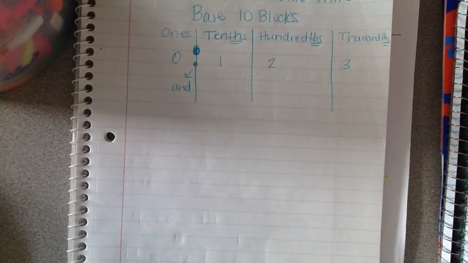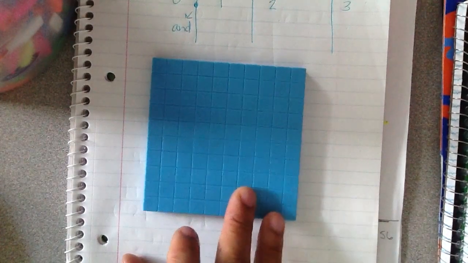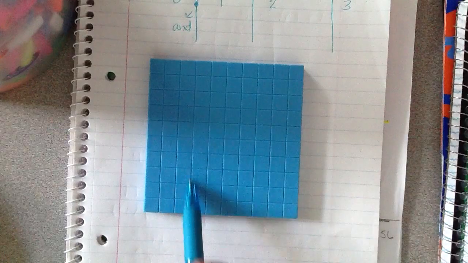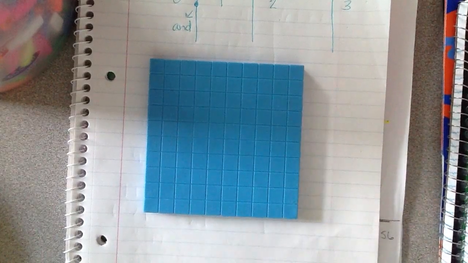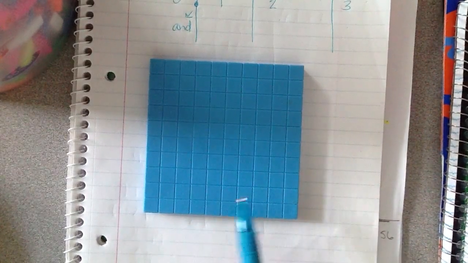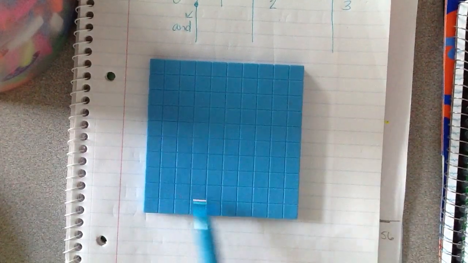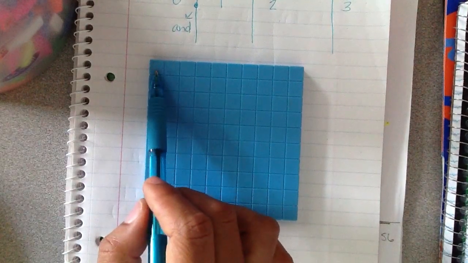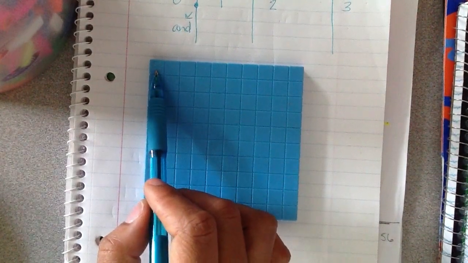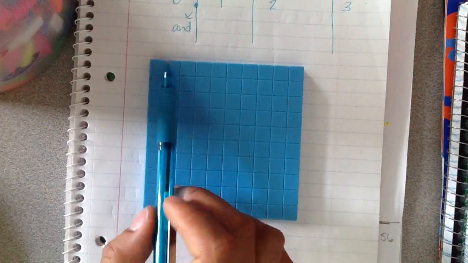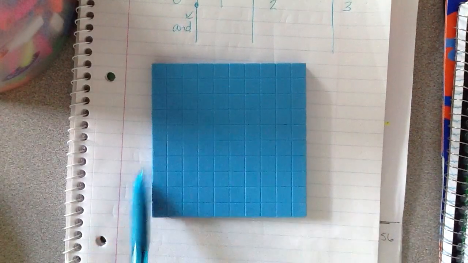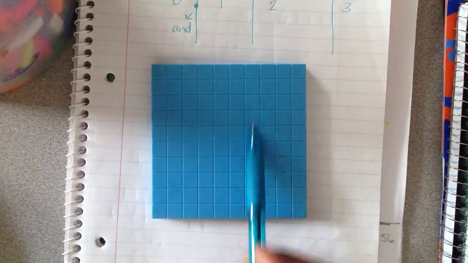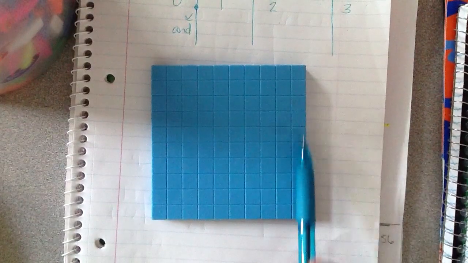Okay. When I look at my hundredths block here, I notice that there's little squares and then there's lines of squares, or rows of rectangular pieces here. If I look at the total right here on this hundredths block, there's 100 of the little itty bitty pieces. There are 10 of the long rows. 1, 2, 3, 4, 5, 6, 7, 8, 9, 10.